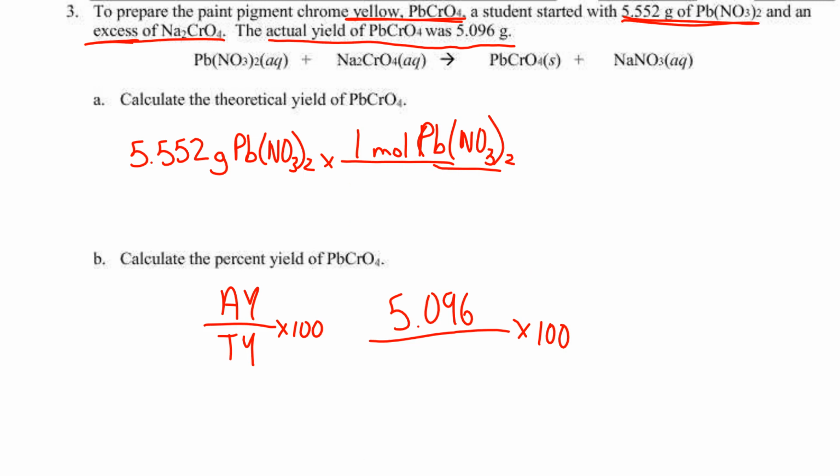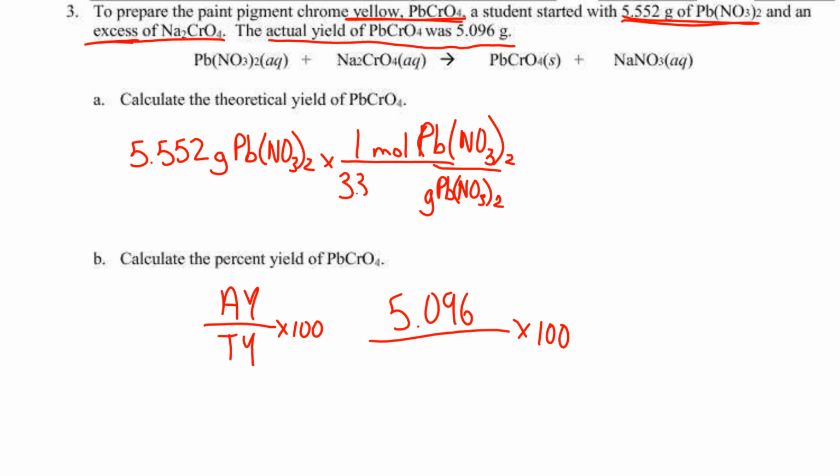So now I need the molar mass of lead nitrate. I know this was kind of a new thing, but by now we should have done enough molar masses that it should be starting to become second nature. So I'm going to add the mass of 1 lead, 2 nitrogens, and 6 oxygens.